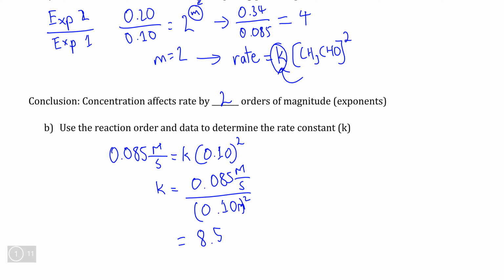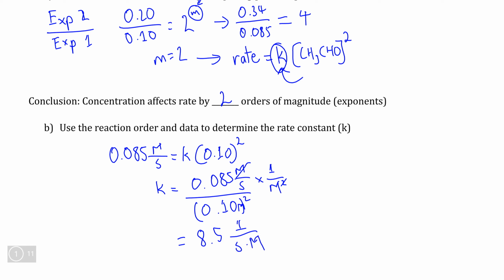So this would be moles per liter per second times 1 over moles per liter squared, which means that we could simplify this down, and this unit for K would be 1 over seconds times moles per liter.